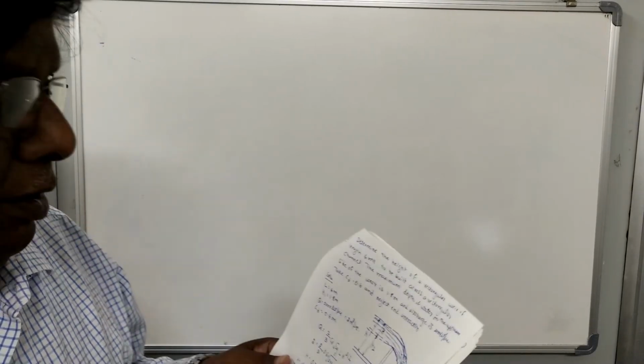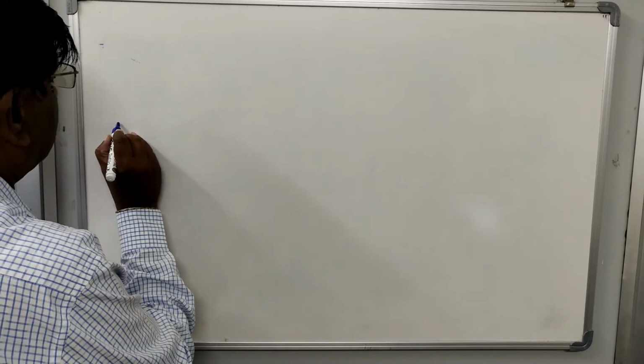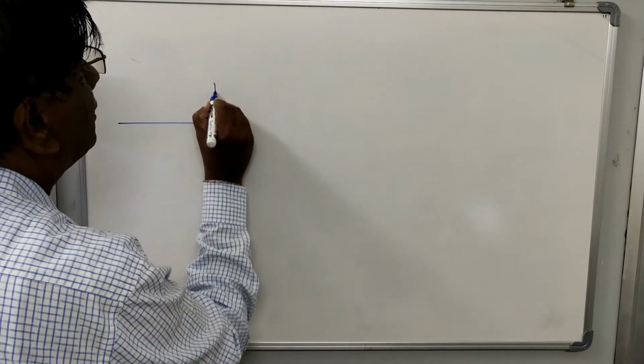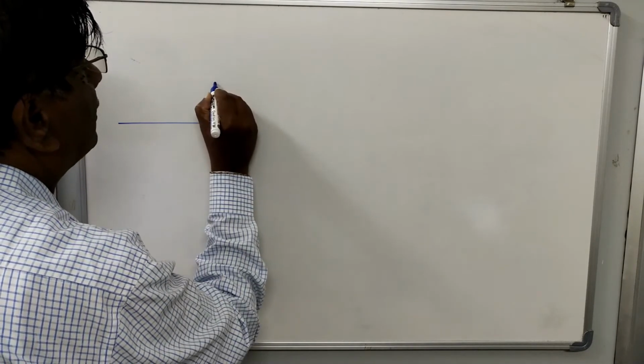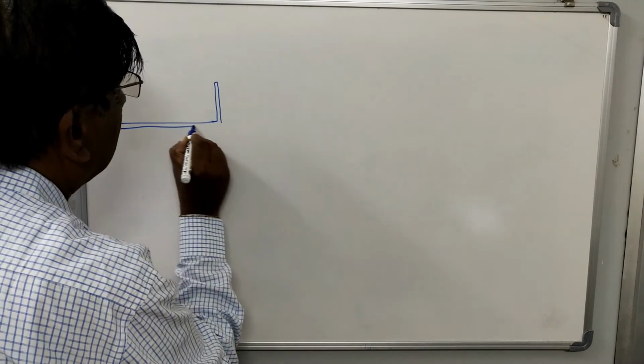rectangular weir. I will draw a sketch first. This is a longitudinal section of the rectangular weir.